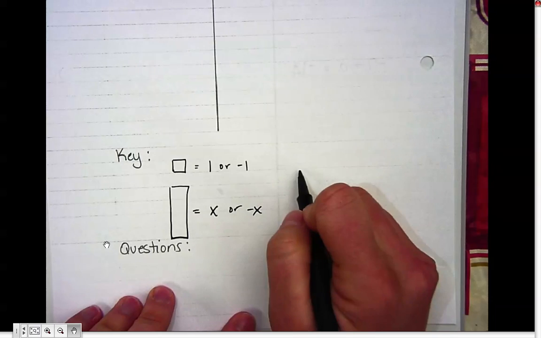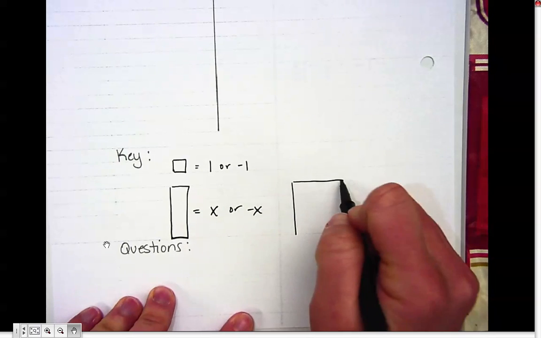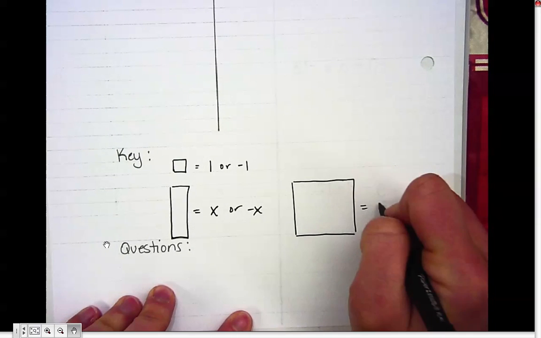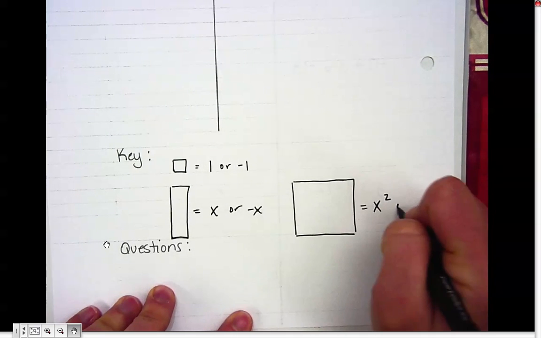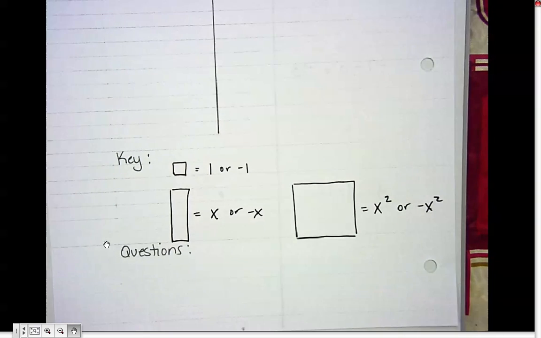And then the big square pieces, which we aren't using this year, or we may use very little, just so that you know, those are x squared, or negative x squared if you have a red piece. Okay, so there's your key, just in case you forgot from our discussions in class.